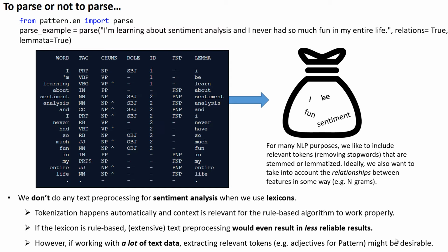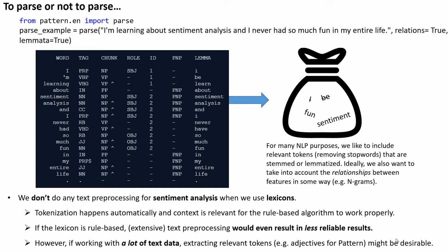This is because a bag of words model doesn't care about the order of the words. Remember the theoretical lecture. So let's say that Vader has a rule incorporated in their lexicon that says whenever an emotional word is preceded by the word not, you reverse the sentiment score of said word. If you incorporate this rule, then a sentence, the movie was not great, will have a negative polarity, and the movie was great will have a positive polarity, obviously.